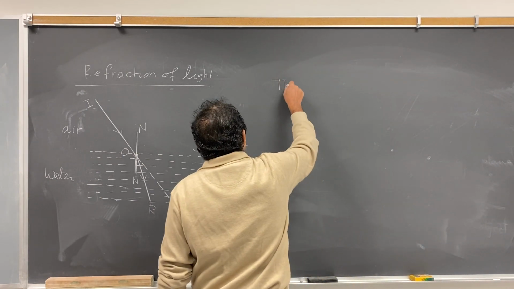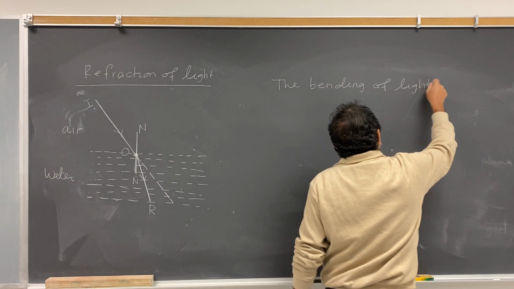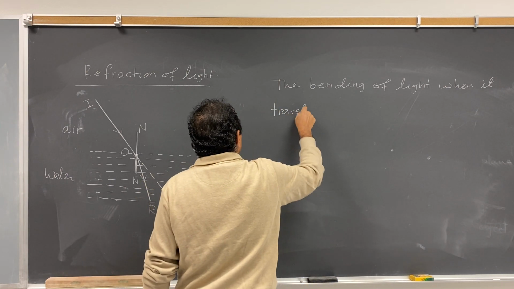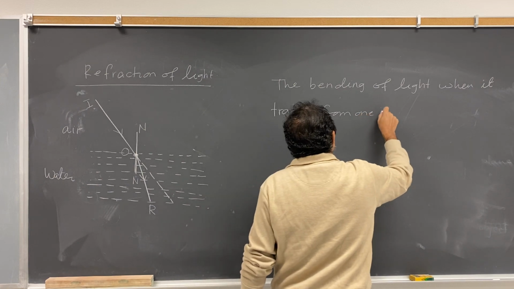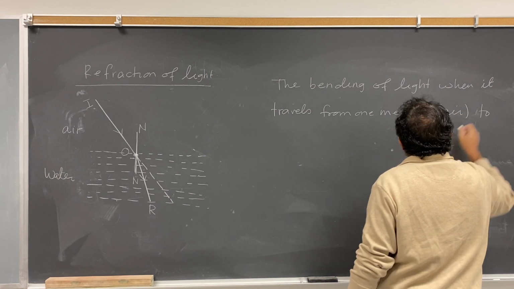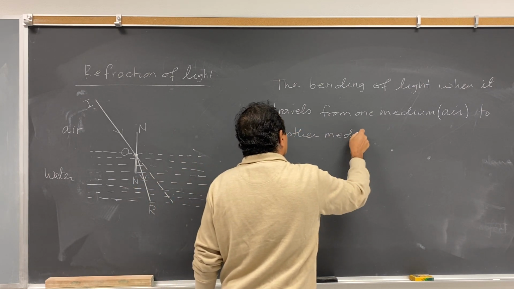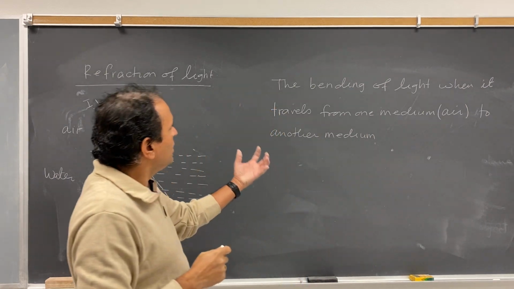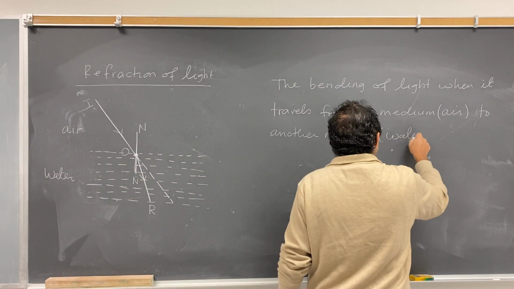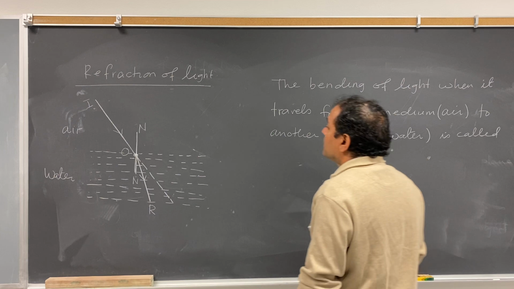The bending of light when it travels from one medium, in this case from air to water, another medium, that is air, to another medium, in this case the second medium is water, is called refraction of light.